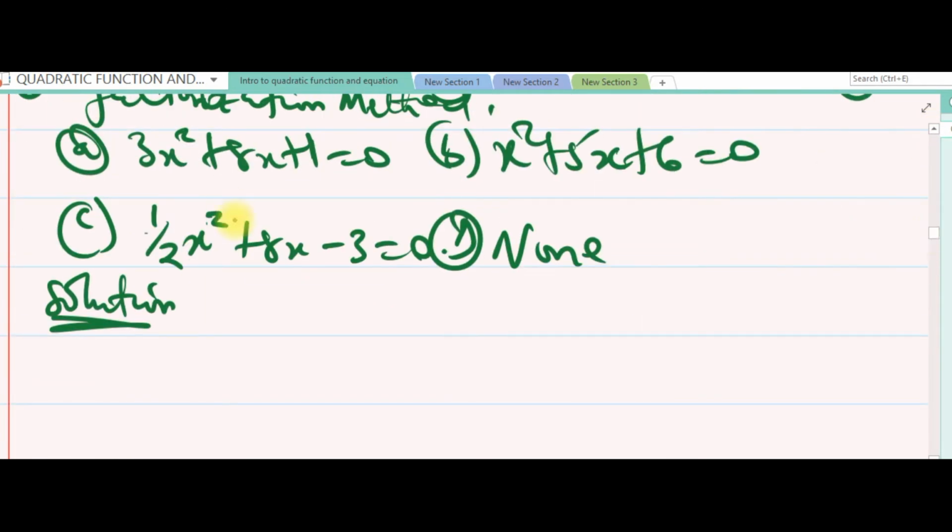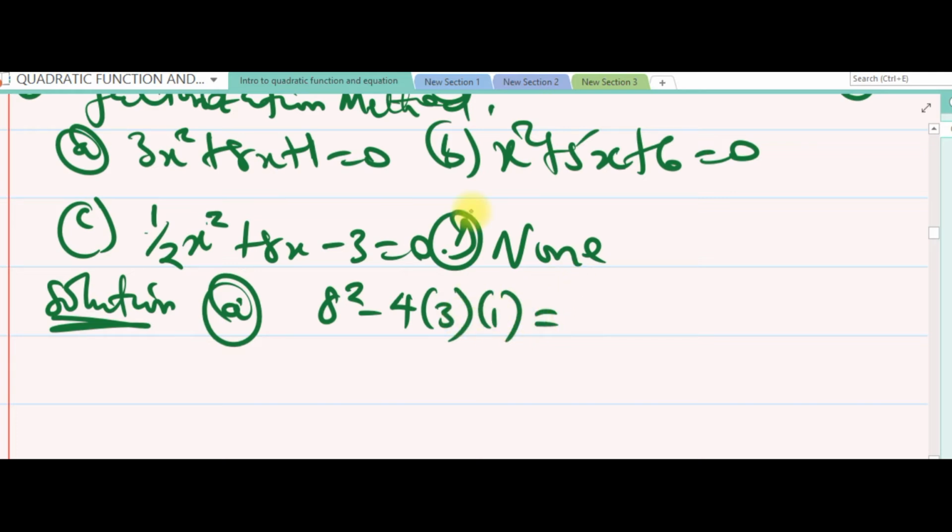So for the first one, our a is 3. So b squared, 8 squared, minus 4 times 3 times 1. 8 squared is 64. So 64 minus 12, because 4 times 3 is 12, is 52, and 52 is not a perfect square, so not possible.